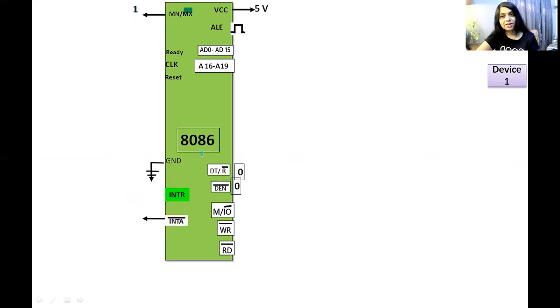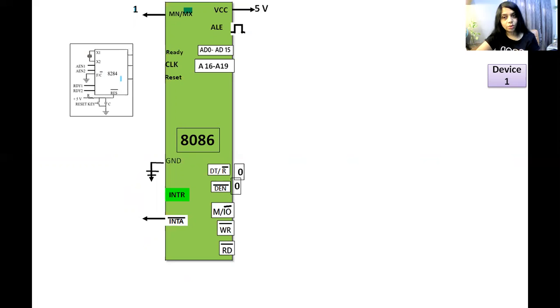On the left hand side of 8086 we connect the clock generator IC, that is 8284. To 8284 there are two pins, X1 and X2, and to these pins a crystal oscillator is connected. This crystal oscillator generates the clock frequency for 8086.